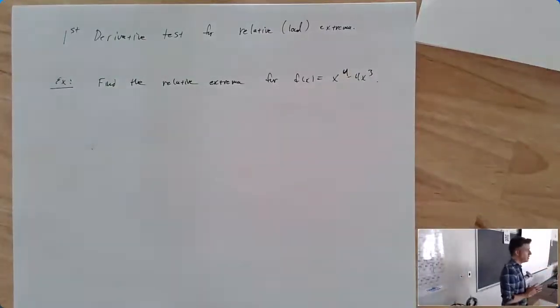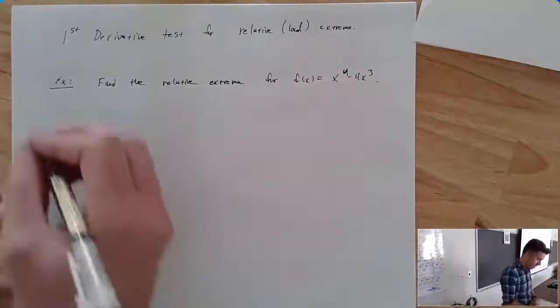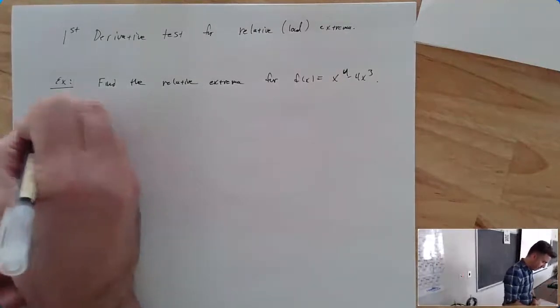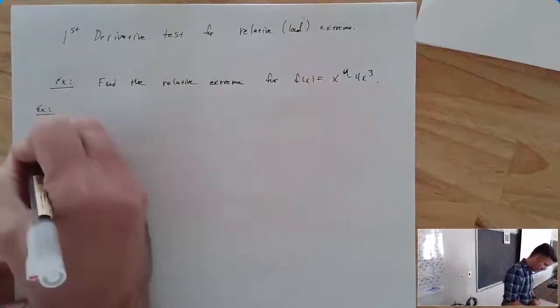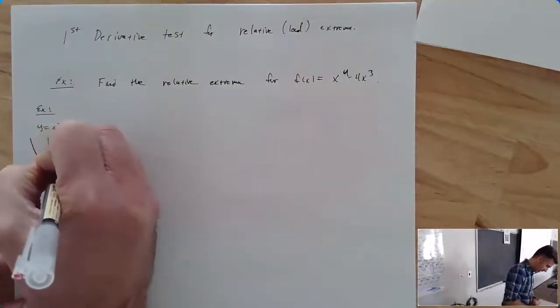Just like with the extreme value theorem, the idea is that local extrema will occur where we have critical points, so either where your derivative is 0 or where your derivative is undefined. These are the examples I keep in my head. For example, y equals x squared: we have a relative minimum at the origin.